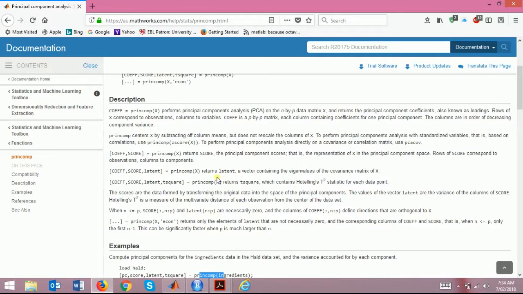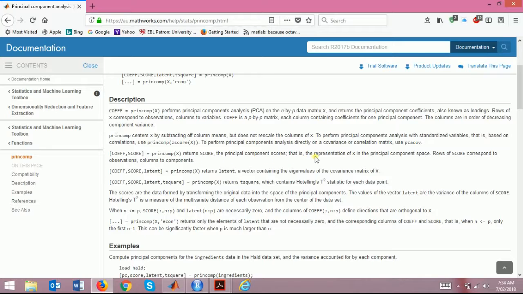So what do we have? It returns a latent vector containing the eigenvalues of the covariance matrix of x. It also returns score. Basically we have to run everything for the system to return score.